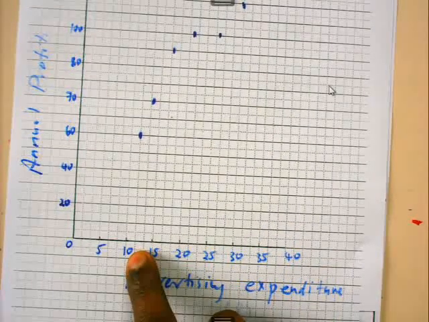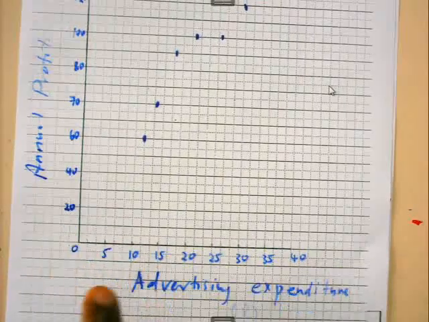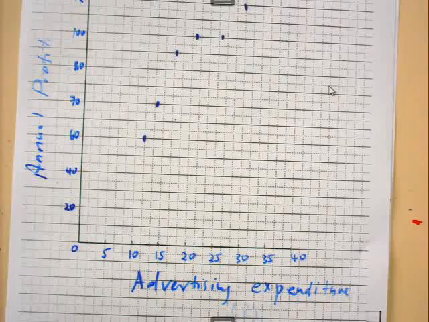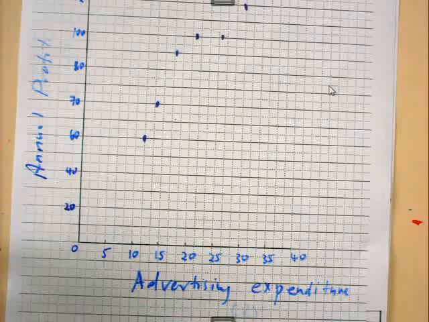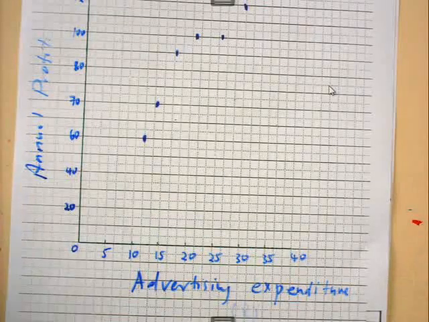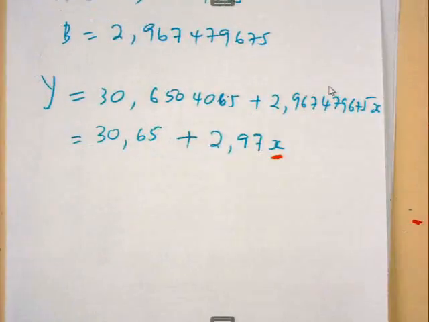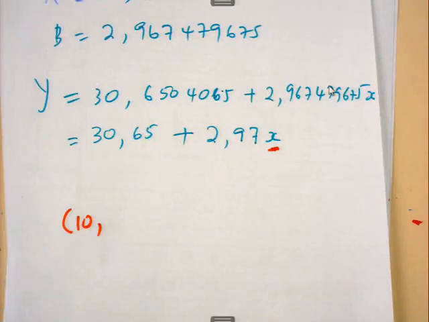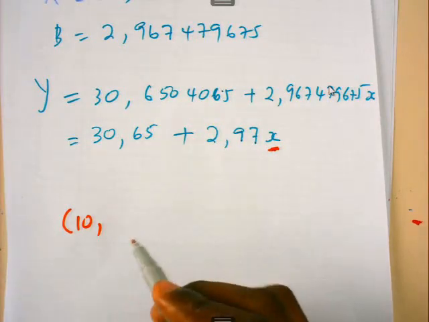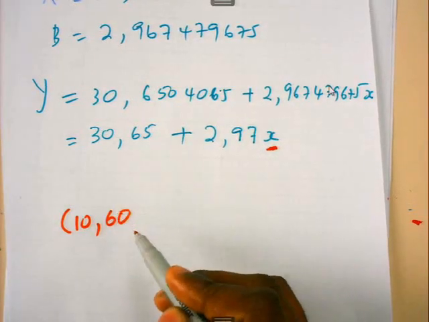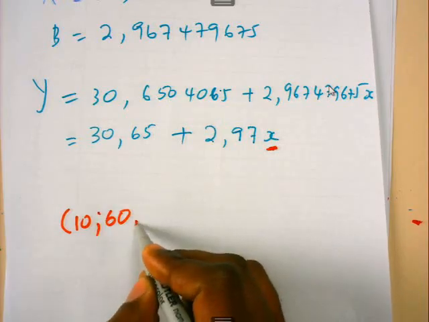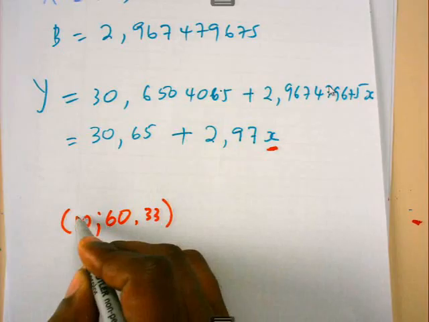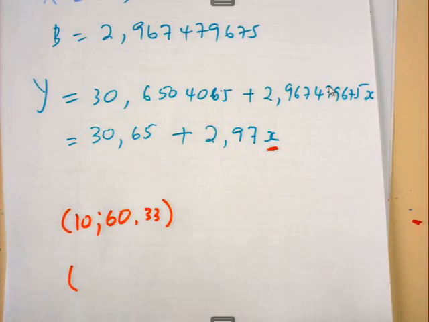We put 10 into our calculator, close brackets. If we substitute x with 10, how much will be the value of y? We say equals to, and the calculator gives me 60.33 for instance. Good. If x is 10, then y is 60.33.